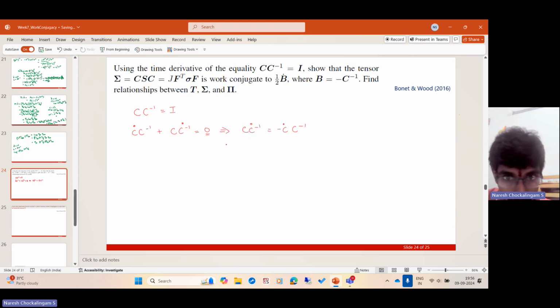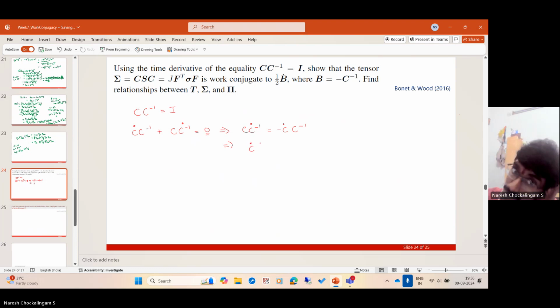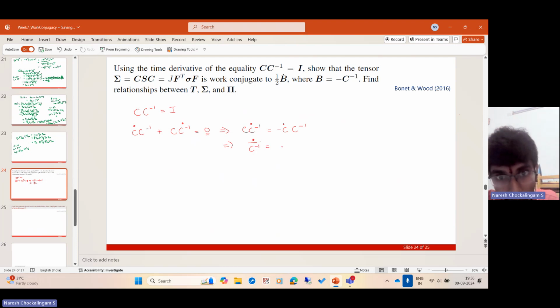I can take the C to the other side, which means C inverse dot is equal to, taking the minus to this side, C inverse C dot C inverse.